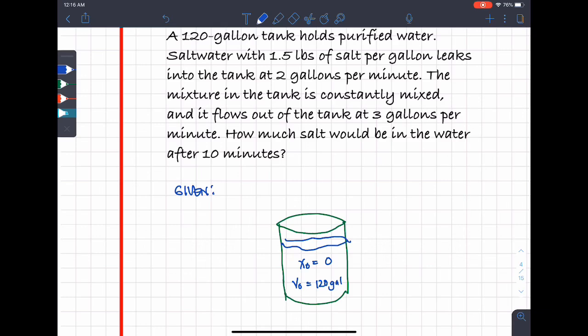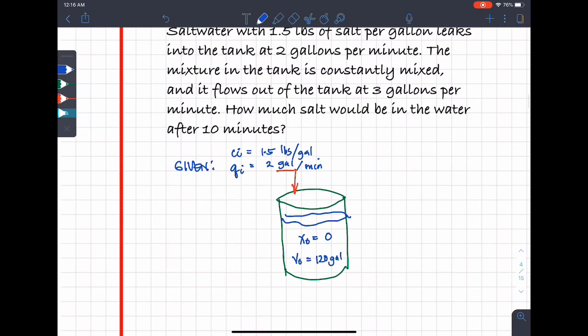And then for some time, a salt water enters in. So a salt water flows into the tank with a certain concentration of salt, which is 1.5 pounds per gallon. And then the salt water that leaks into the tank has a flow rate of 2 gallons per minute.